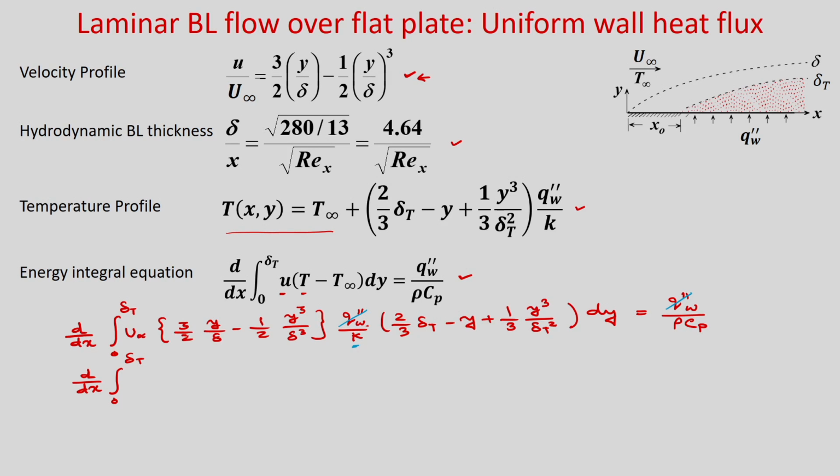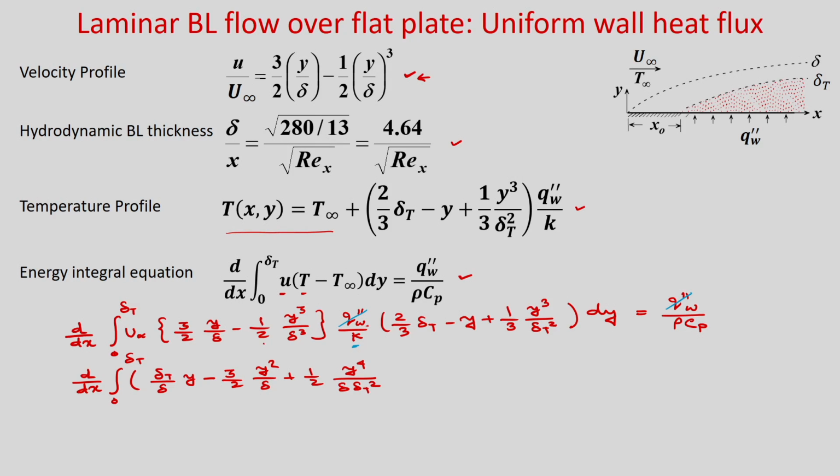Now you multiply this 3/2 y/delta with these 3 terms. Okay. So, what you will get? You will get delta_t by delta into y minus 3/2 y squared by delta plus 1/2 y to the power 4 by delta delta_t squared.